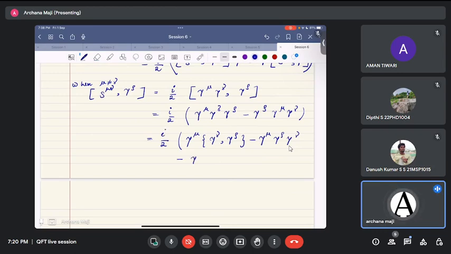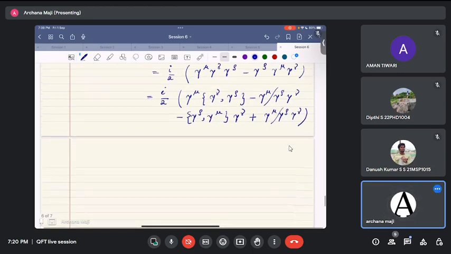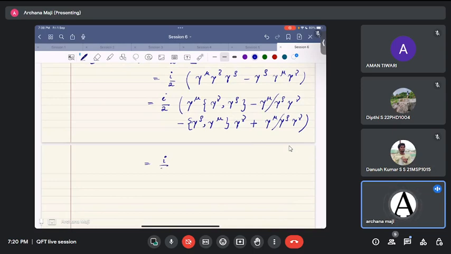If we flip these two, we will get the same term. So let's write down the anti-commutation between gamma rho and gamma mu, and then add that extra term. The extra term is gamma mu gamma rho gamma nu. You can see this is getting cancelled with that.